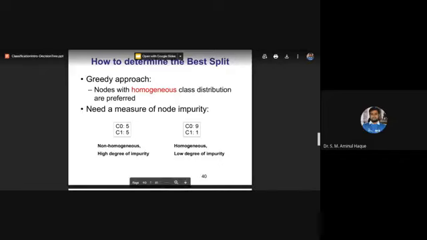What do you think? Sir, I think homogeneous would be good, because this is a similar kind of data, and the machine can understand its properties and make a better decision.